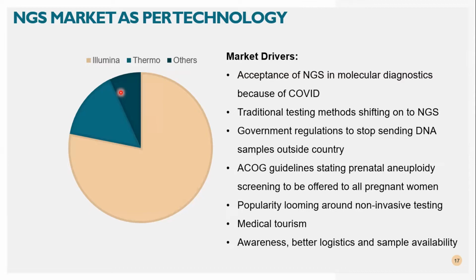Traditional testing methods are shifting onto NGS, and there are government regulations to stop sending DNA samples outside the country. The idea was to fulfill all DNA sequencing requirements inside the country, and many more players are coming to the market to cater to this need. So the few samples going outside the country because of convenience, or prices, or other factors, have to be done inside the country.